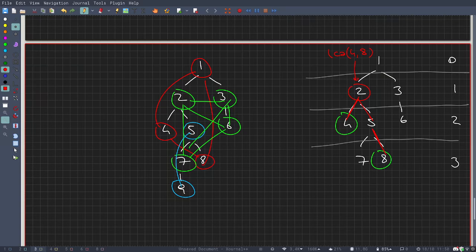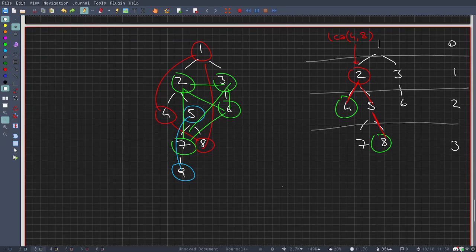And yeah, the length of the path is the length of this part. Okay, this is the depth. Let's call it d. We have d of 4 minus d of 2 plus d of 8 minus d of 2.